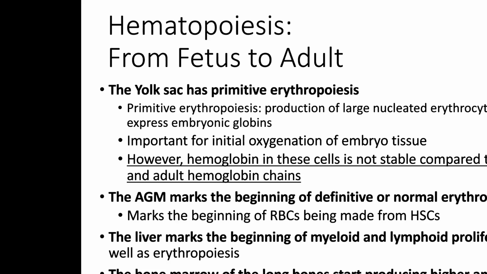And finally, we move into your bone marrow, which is where it'll develop your white cells, your red cells, and your platelets. Generally, we're going to have a higher count of myeloid cells than erythroid cells, with an M:E ratio of about 3 to 1.